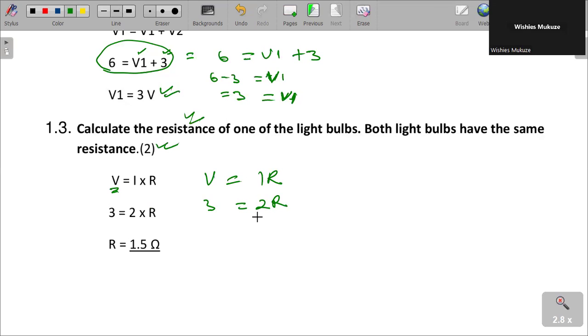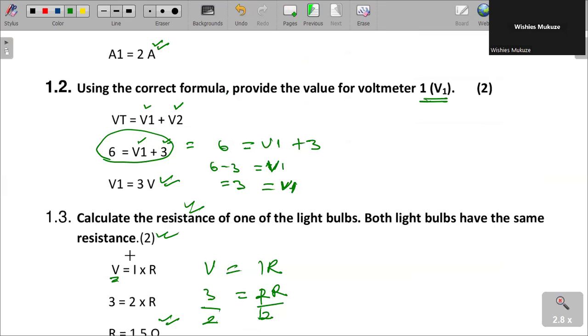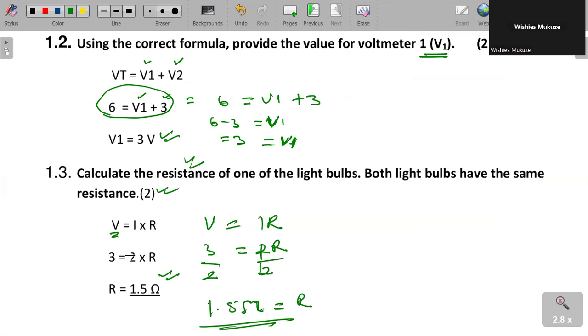And then we want to calculate R. We divide by 2 on both sides, so therefore we get 1.5 ohms is equal to R. That is where you are getting this 1.5 there.